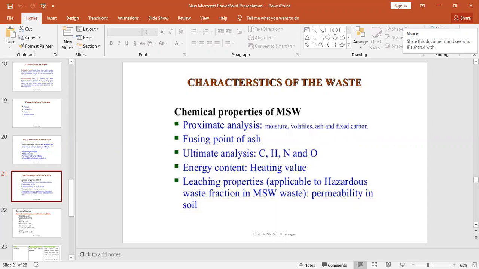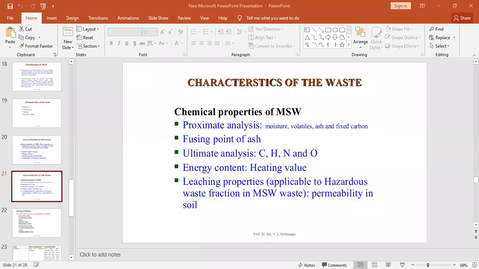Physical properties are important for deciding the transportation and travel of municipal solid waste. But for giving treatment or deciding on the disposal of municipal solid waste, you need to understand the chemical properties. Otherwise, if glass material is there and you go for the landfilling method, will it be fine? No, it will not be fine.